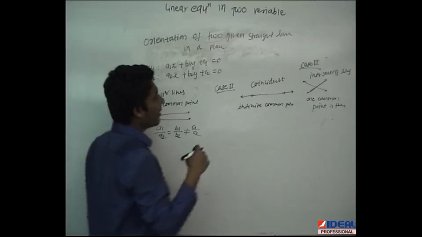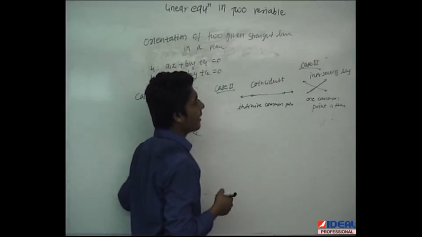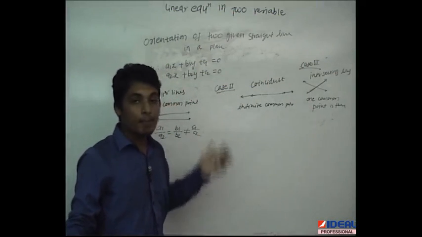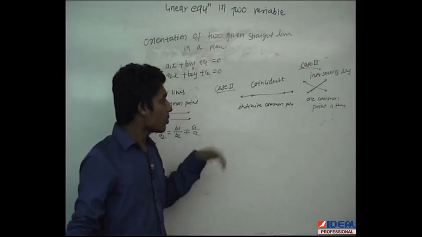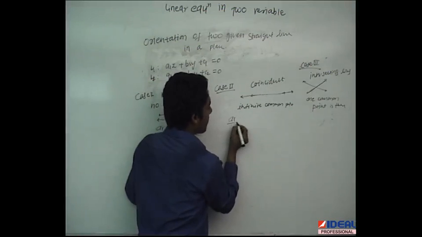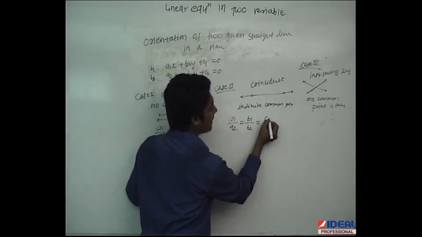And for coincident lines, if the lines present in the plane are coincident, the condition is A1 by A2 is equal to B1 by B2 is equal to C1 by C2.